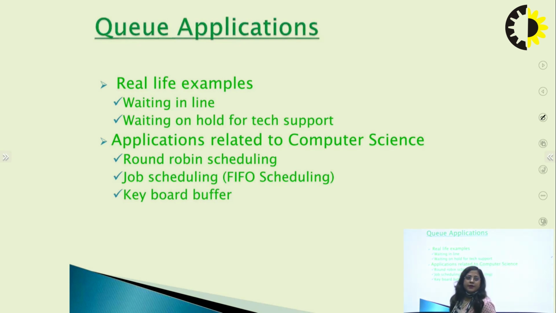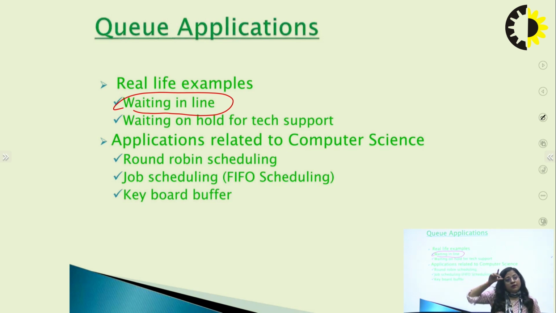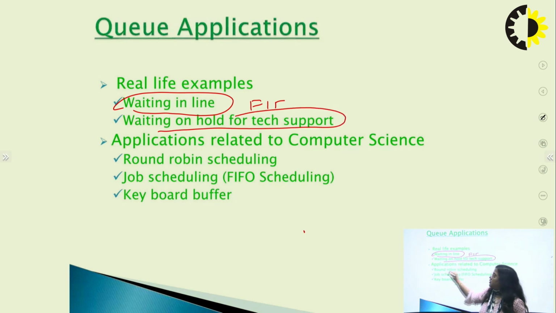Now there are some applications of queue. First one is a real life example. As you see, waiting in line. If you are waiting in line, serving is only first in first out, FIFO. Waiting on hold for tech support, same thing.